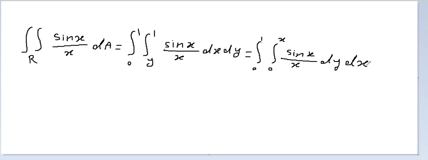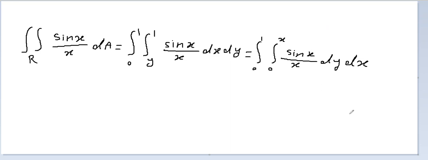Before, we described the region in the form of case 2, so the order was dx dy. Now in the form of case 1, x is from 0 to 1 and y is from 0 to x, so dy dx. Now, first with respect to y, then with respect to x. Now this integral is solvable.